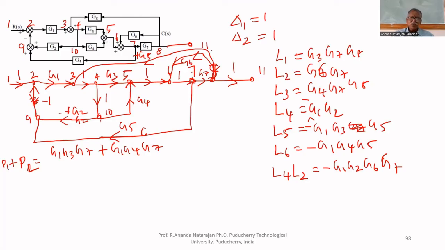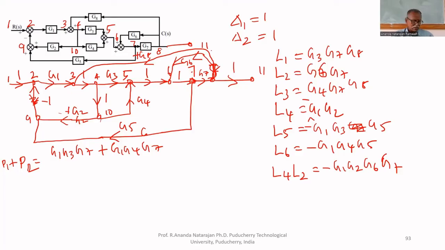So G1, G2 we got, G6, G7 we got, G3, G7, G8, yes, L1 we wrote.